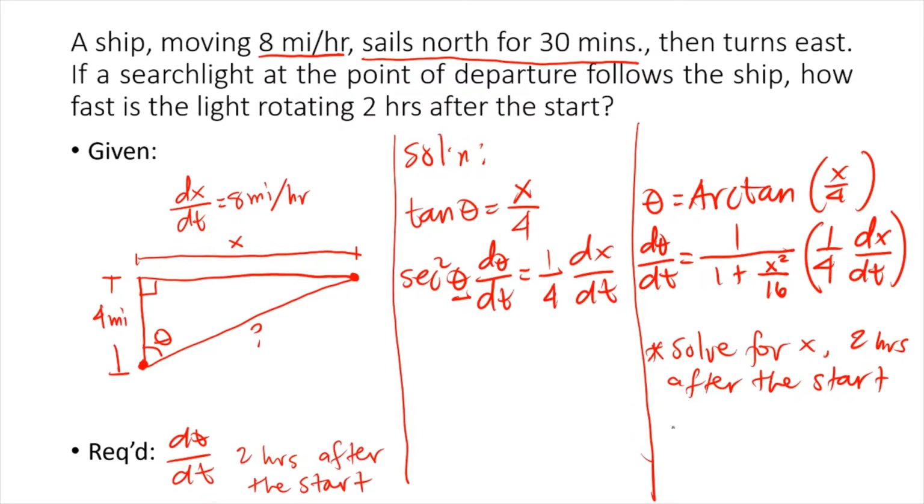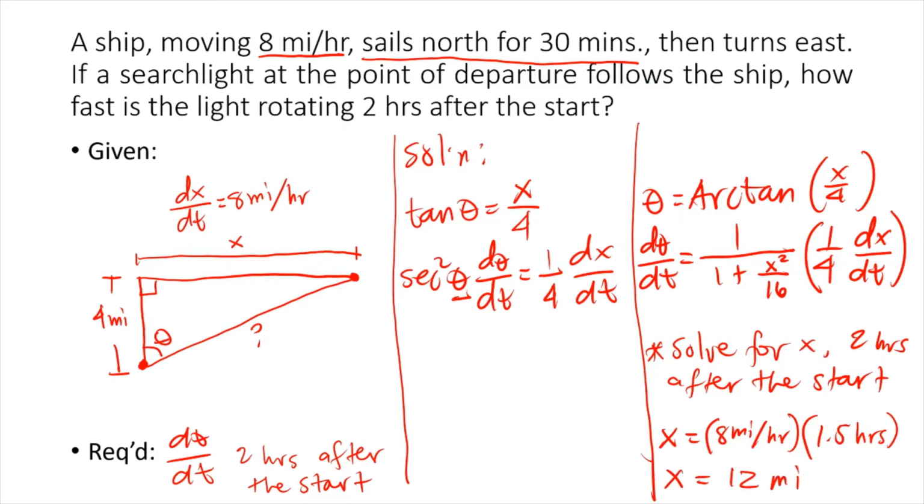Okay, so to solve for x, x is equal to the speed of the ship, so that's 8 miles per hour, times the time. So again, the time is 1.5 hours. Okay, so 8 times 1.5, x is equal to 12 miles.